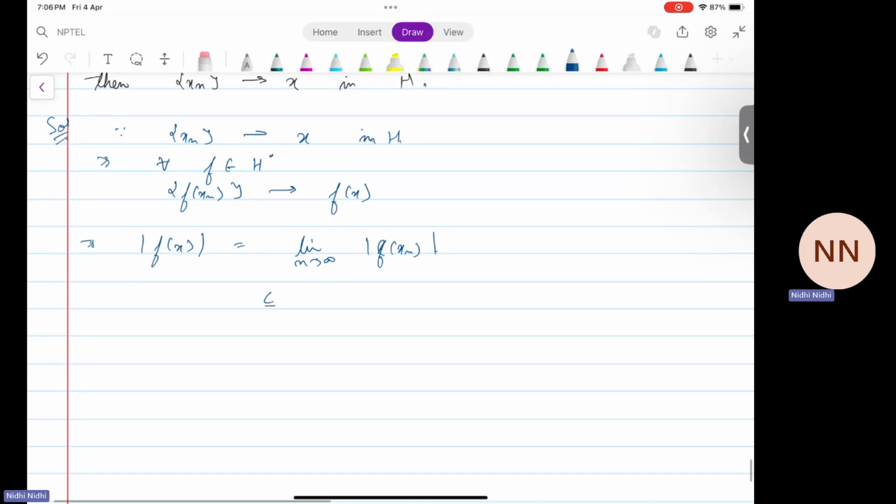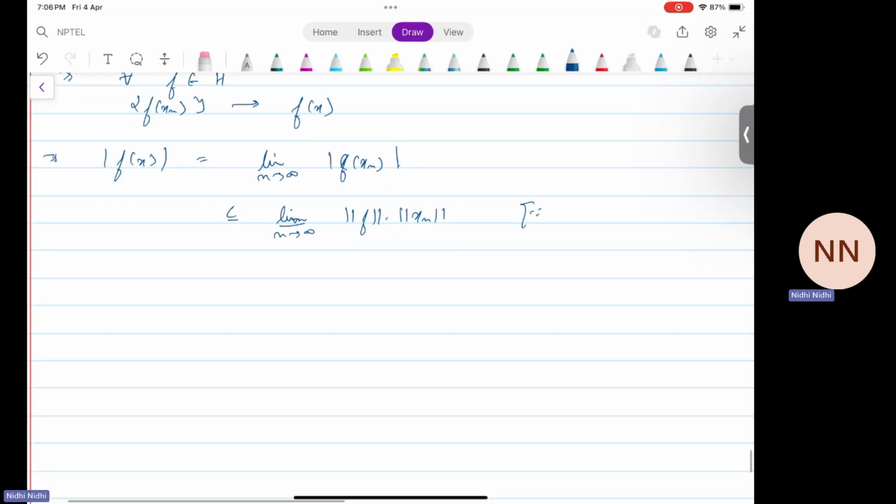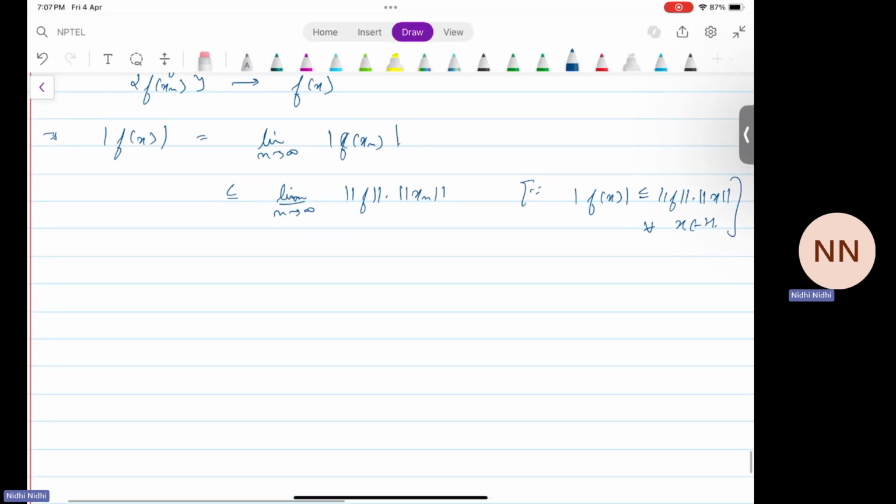This is less than or equal to limit as n tends to infinity of norm f times norm xn, because since f is a bounded linear functional, mod f of x is less than or equal to norm f times norm x for every x in H. And since we don't know whether norm xn is convergent or not, we should write lim inf.